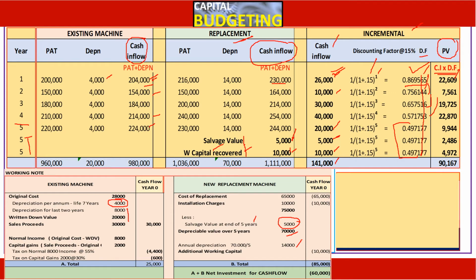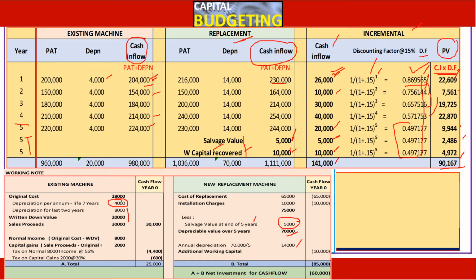26,000 into 0.8695, 10,000 into 0.7561, 30,000 into 0.6575, 40,000, 20,000, 5,000 and 10,000 all occurring in the 5th year. The discount factor is 0.4971. We multiply and the net present value of the income stream is 90,167.